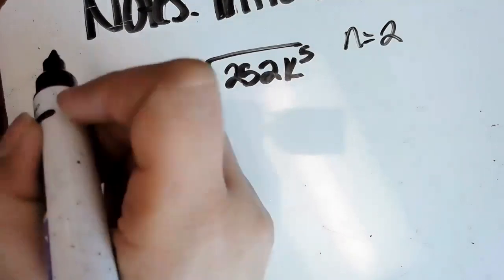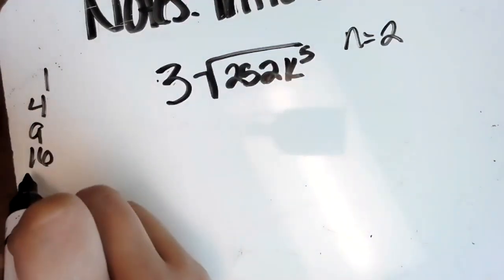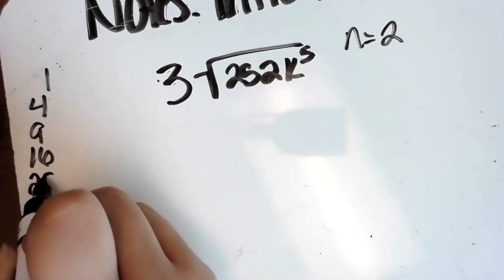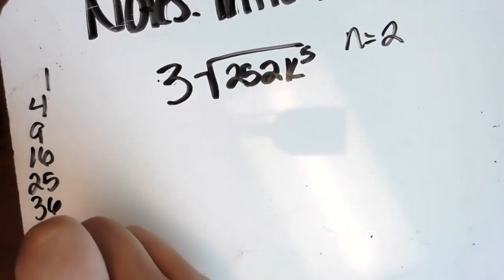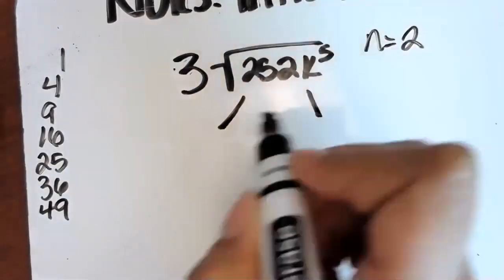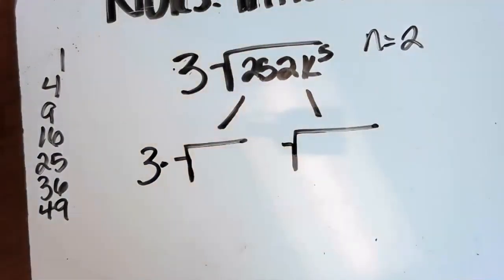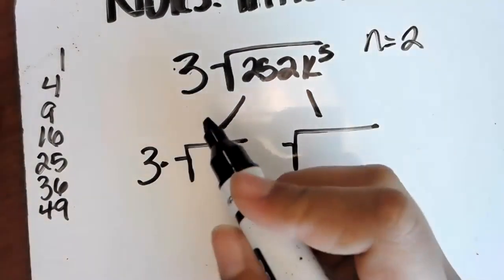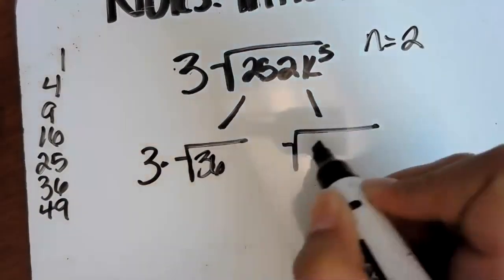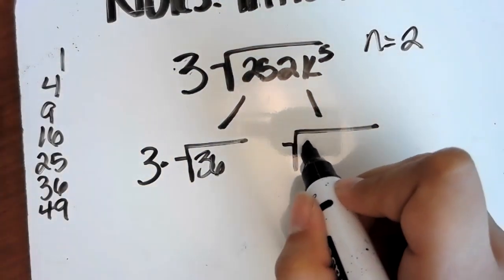So perfect squares, we have 1, 4, 9, 16, 25, 36, 49, on and on and on. When we break this up, we want to break it up into the product of a perfect square and something else. In this case, it would be 36 and 7.